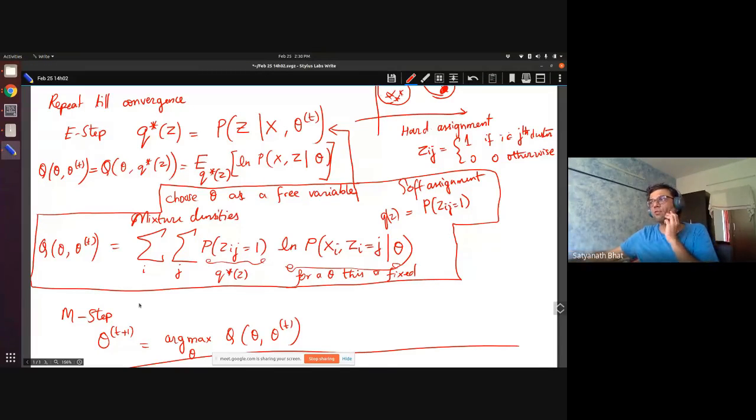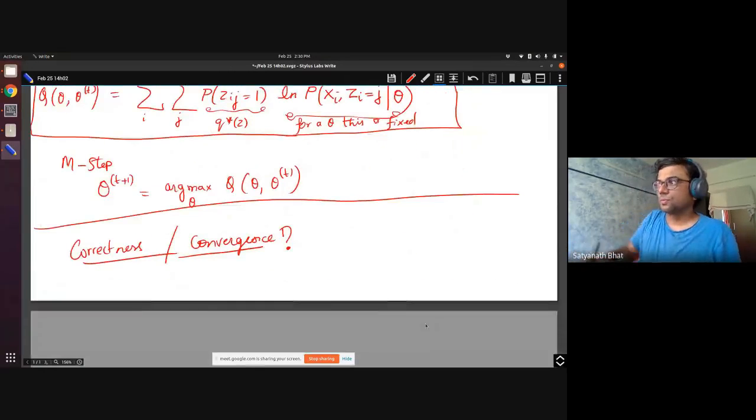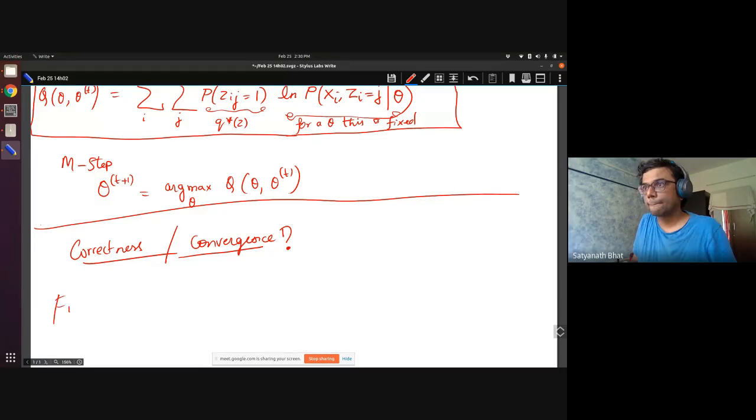Okay, so in the full information case, if you forget that there is this probability, if you forget this entire thing, let me just copy this and we will discuss. I want people to ask questions, because that will help everybody. So coming to this, in the full information case, you have xi's and you have zi's.